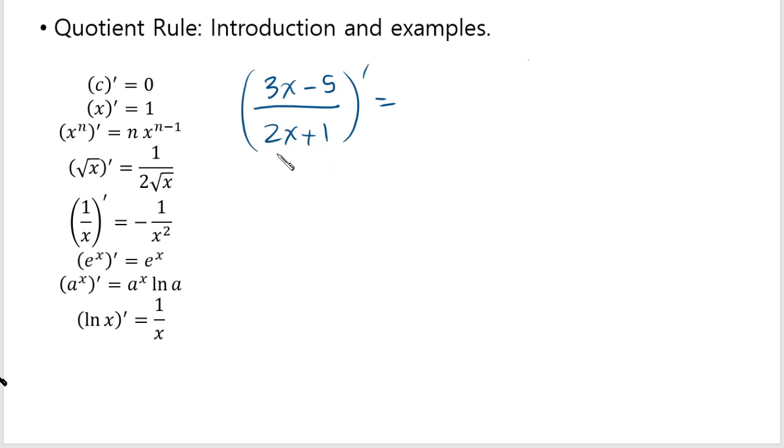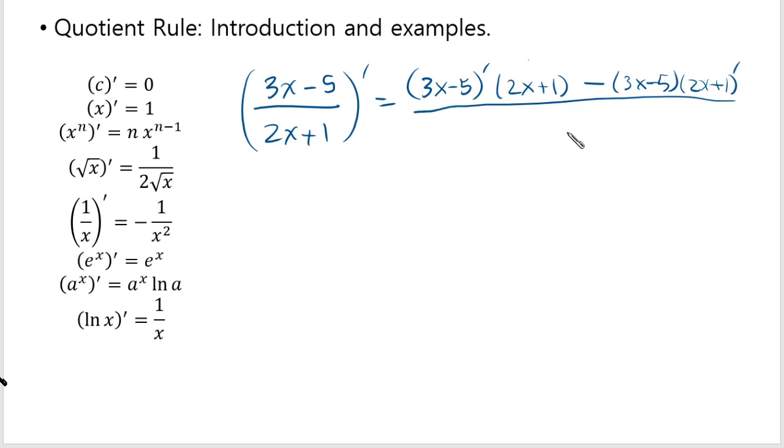Although it's a disgusting rule, you still have to use it. You have 3x minus 5, differentiate the first one first. Second one has to wait its turn. Instead of a plus like the product rule, this time it's minus because it's the quotient rule. 3x minus 5, you already got your turn. Now 2x plus 1 has to be differentiated.